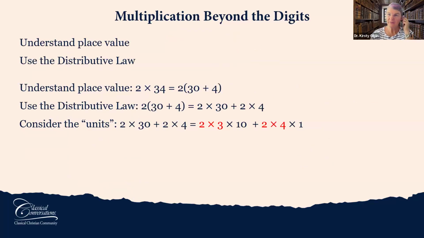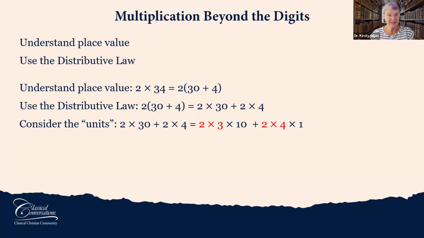All right, so now let's take a look here at beyond the digits, right? So we talked about memorizing 0 times 0 through 9 times 9. And if we have anything that's beyond those digits, so 2-digit numbers, 3-digit numbers, this is what's happening. What I'm about to go through with you is really ugly. I'm just going to put it out there that it's going to look ugly at some point to you, because it's the underlying idea of what's happening when we multiply.